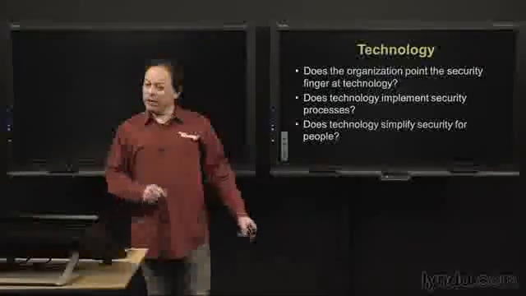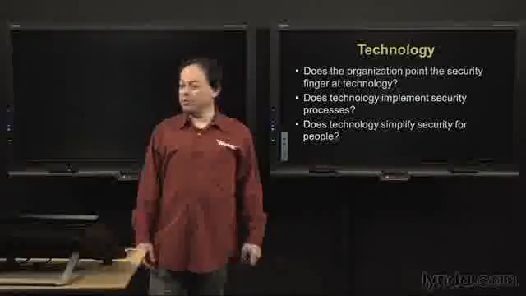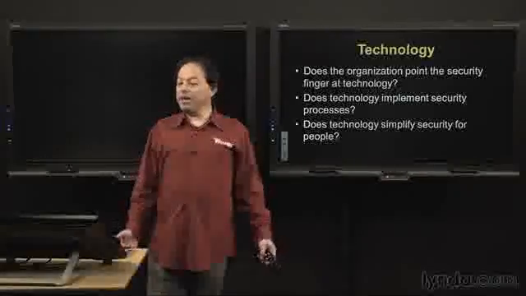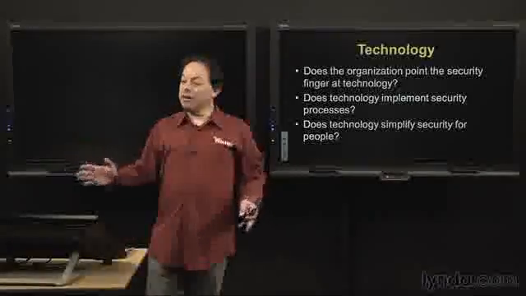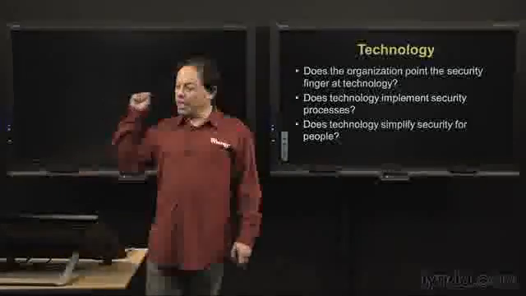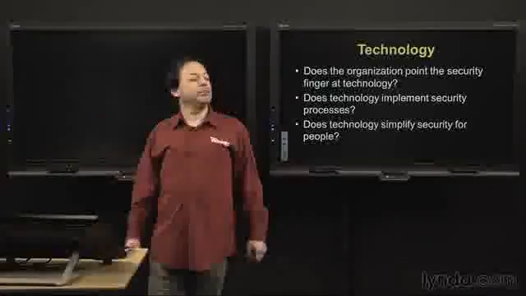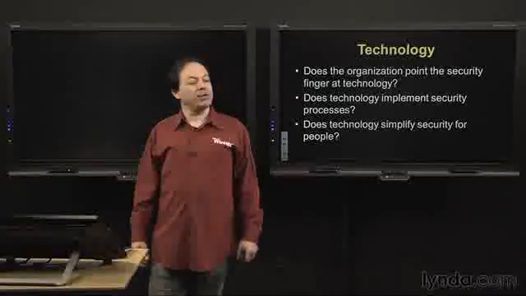I don't want to grind on it too much because I think a lot of us understand the security side of the information assurance model. But the key bit here is just to remember technology is not perfect. Security technology is not just a point your finger at it and it either works or it doesn't. And if it works, you're completely immune to all forms of attack or compromise or data loss.